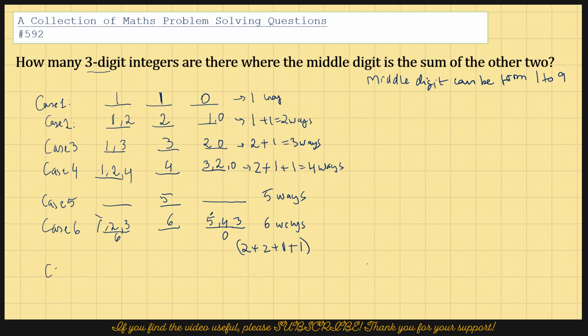If you do case 7, you'd see that it gives 7 ways.